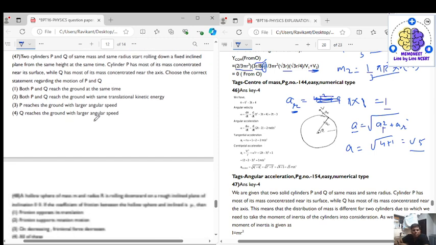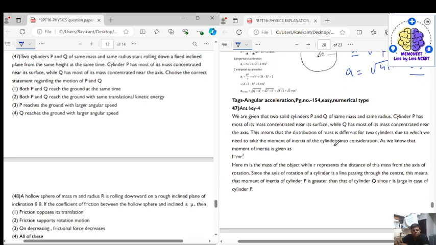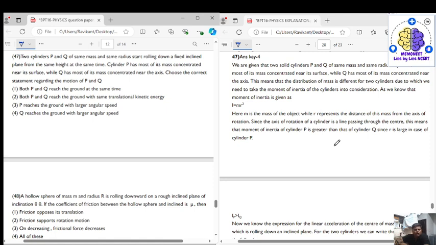Coming to question number 47. Question 47 says that two cylinders P and Q of same mass and same radius are rolling down a fixed inclined plane from the same height at the same time. Cylinder P has most of its mass concentrated near its surface, while Q has most of its mass concentrated near its axis.